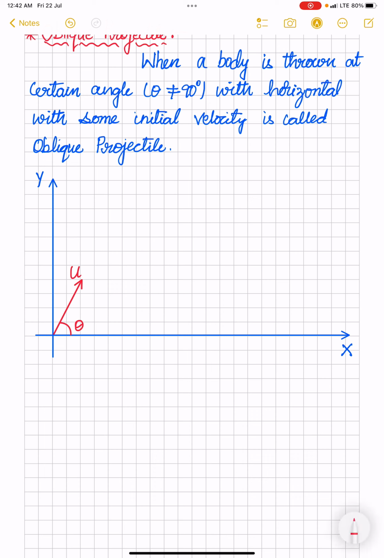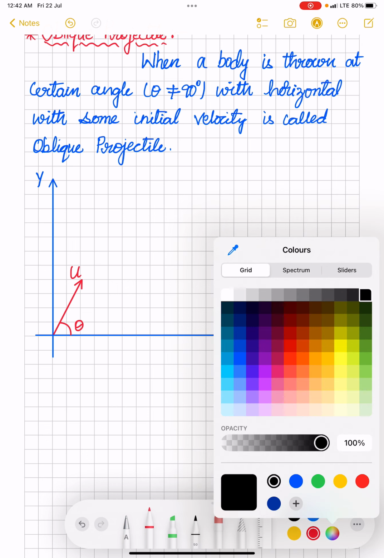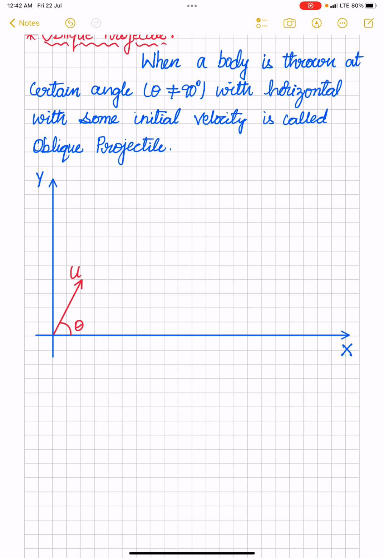When you throw a particle at an angle other than 90 degrees with the horizontal, the particle covers distance along the x-axis as well as along the y-axis, and it will take a path, as we considered with assumptions. The path is going to be a parabola. So it will be in this way. You can see on the screen straight away.